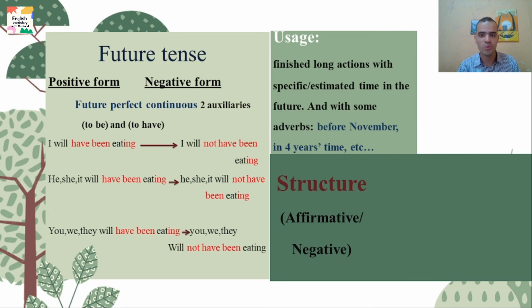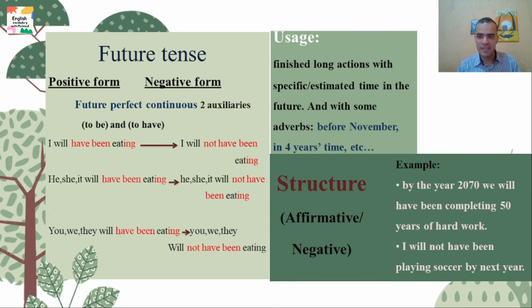Through the examples, we will know how we can use the future perfect continuous correctly. And we use the future perfect continuous with some adverbs, like before November, in 4 years' time, etc. These are the adverbs, and many others, which help us to use the future perfect continuous correctly. Let's see the examples, friends, to know more about the future perfect continuous usage.